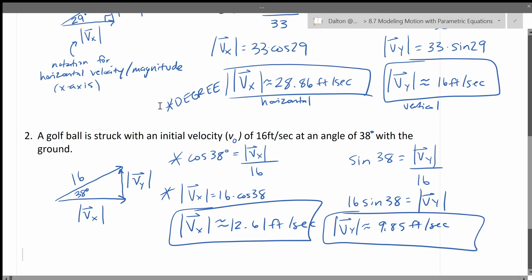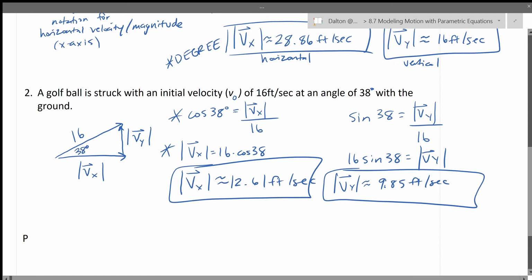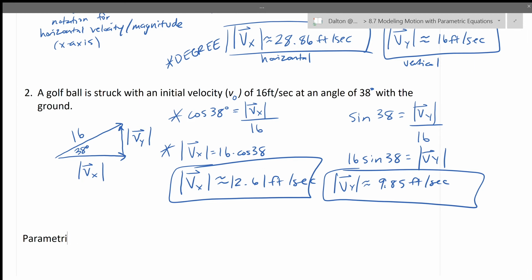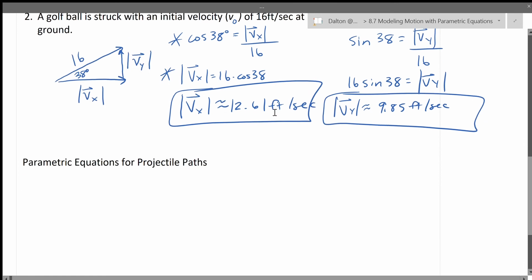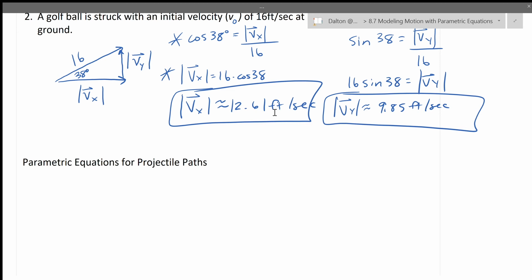Now, parametric equations for projectile paths as a whole. So not just with any kind of motion, but particularly with these projectiles that are going to have that parabolic shape. Now, since horizontal velocity in any scenario is unaffected by gravity, it is the magnitude of the horizontal component of the initial velocity.